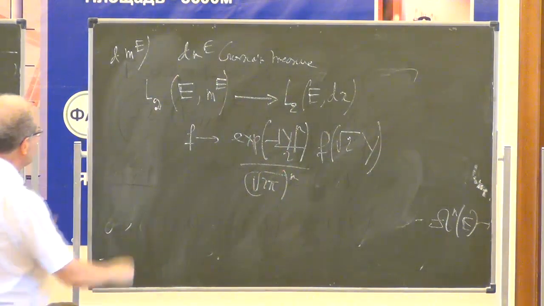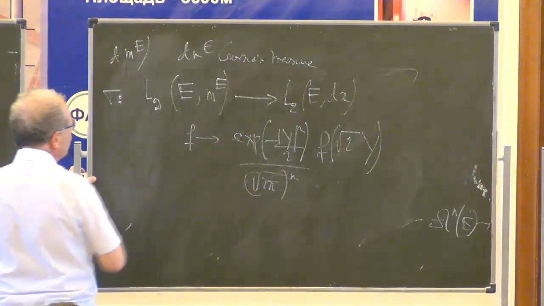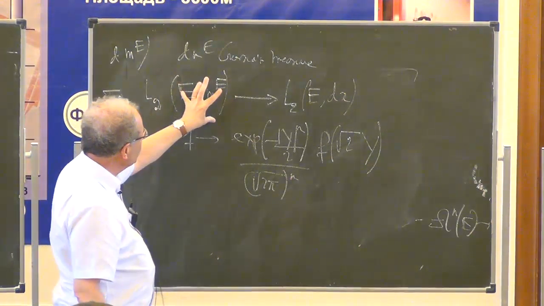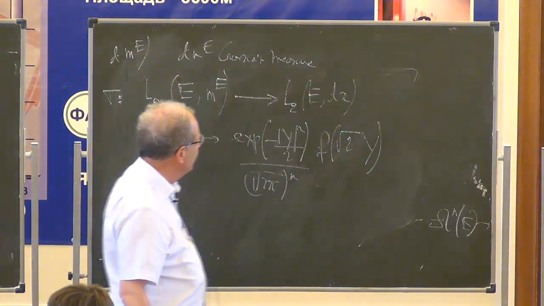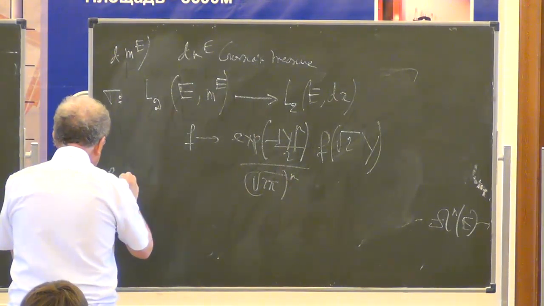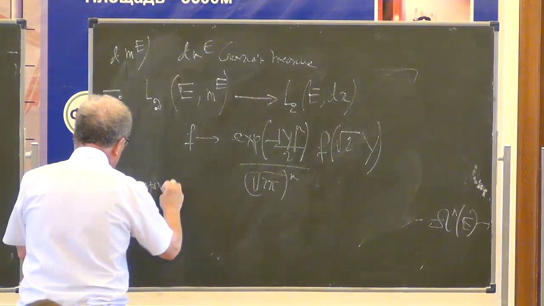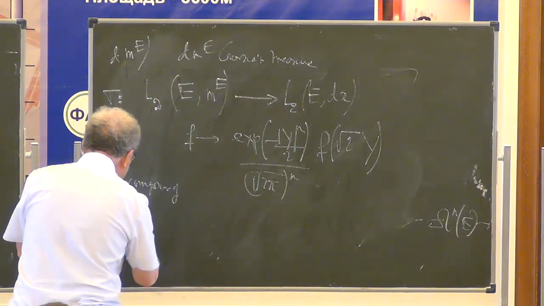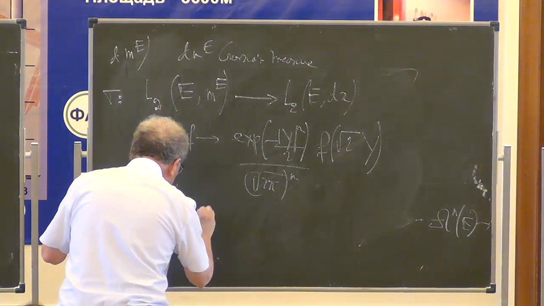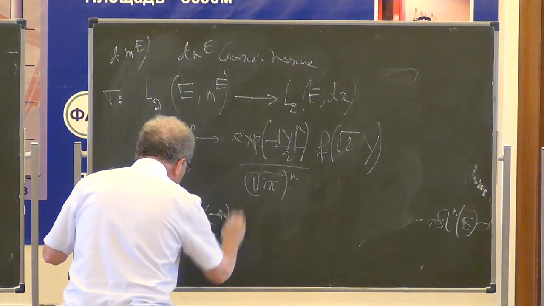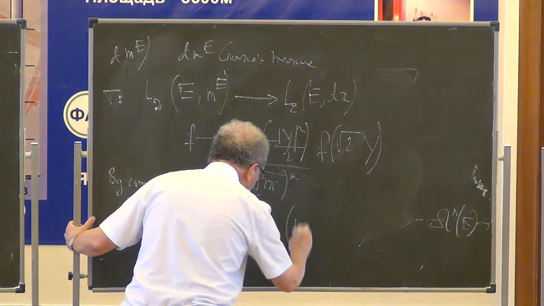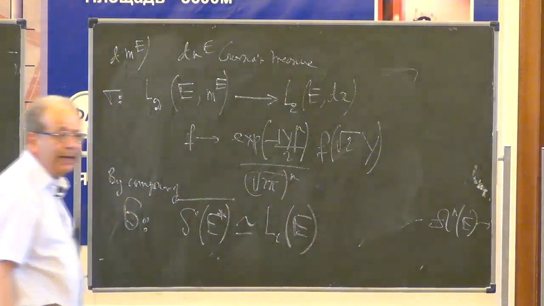So you just find that this map, this is a triviality, maps the L2 space for the Gaussian to the classical L2 space. And so by composing the two isomorphisms, you get the Bargmann isometry, which goes from the completion of S of E star to the L2 space of E, the classical L2 space of E.